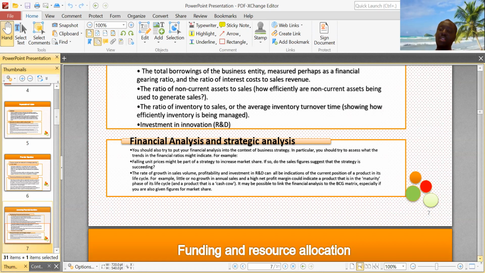Another thing you need to do is to place these ratios within the context of the product life cycle. Is it in the introductory phase? Is it in the growth phase? Is it in the maturity phase? If it's in the maturity phase, for instance, you see that sales might be declining, profit margins will be declining, as we already indicated. If you haven't watched our lecture on product life cycle, please go and do so.